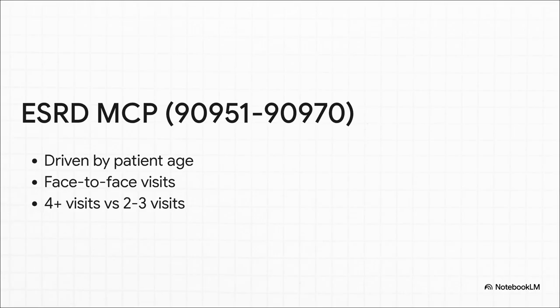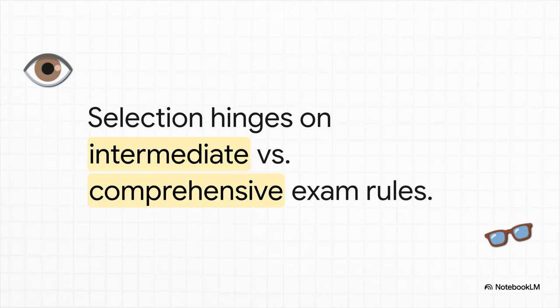A patient seen 4 times gets a completely different code than a patient seen 2 times, so make sure you count those visits very carefully in your exam questions. As for general ophthalmic exams, your code selection hinges entirely on whether the exam is intermediate or comprehensive, and of course, whether the patient is new or established. It's a very specific matrix in the 9200 series, so you'll want to follow those definitions super closely.